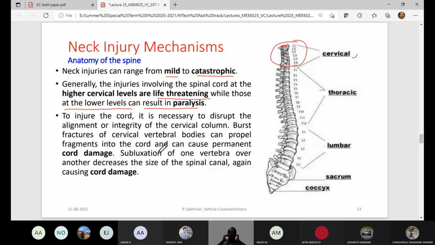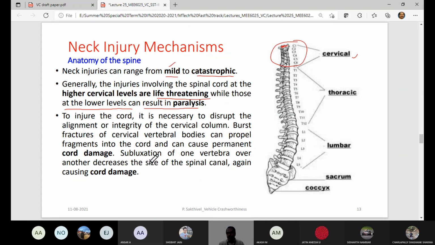You can see people with a belt around the neck. All the time they have to be like that. It's because there can be some injury or fracture, a hairline crack in any one of the C1 to C7. So they cannot even have the slightest movement. But that comes under the mild category, right? Because it's not catastrophic.